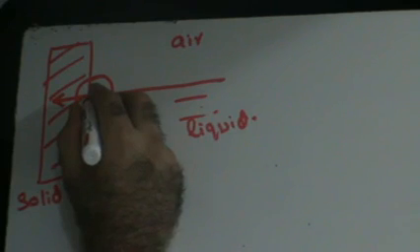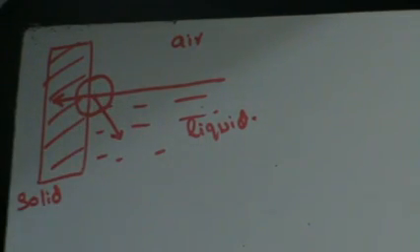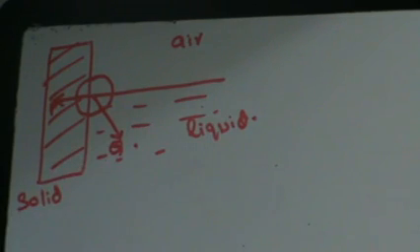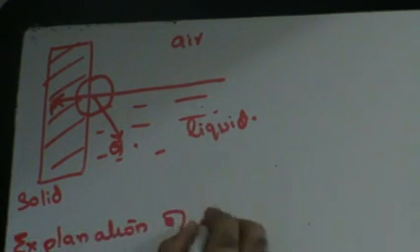Then, since a part of the sphere of influence is in the liquid, there would be some tension acting towards the liquid. Let's call this P. Let's call this Q. We are doing explanation of angle of contact.